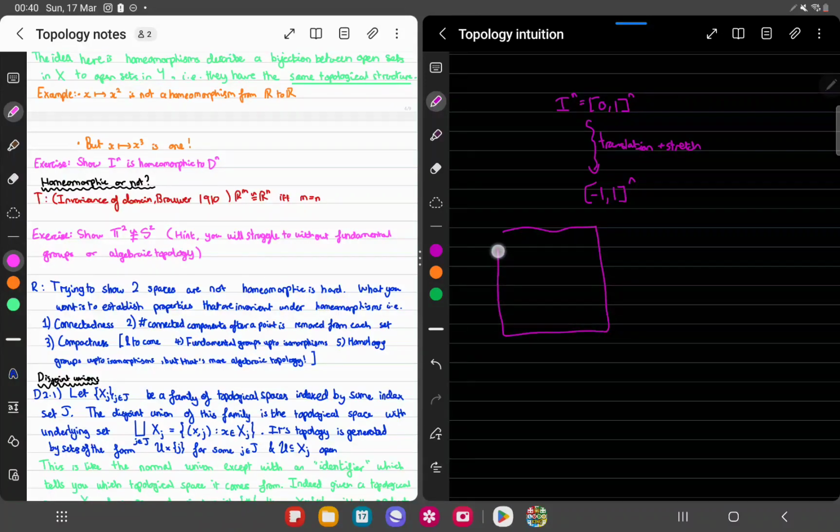And if I think about this in the case when n is equal to 2, it's sort of like saying I can fit a square outside of my unit ball.